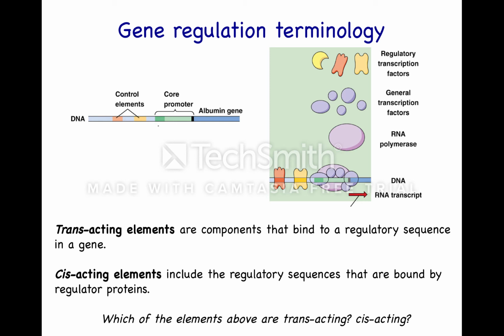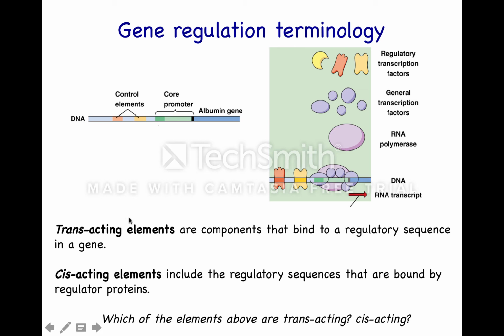Today we're going to be talking a lot about different trans-acting elements. These trans-acting elements are generally proteins such as the ones shown here that are going to be binding to regions of the DNA, typically upstream of a particular gene, to regulate that gene expression, that transcription event.